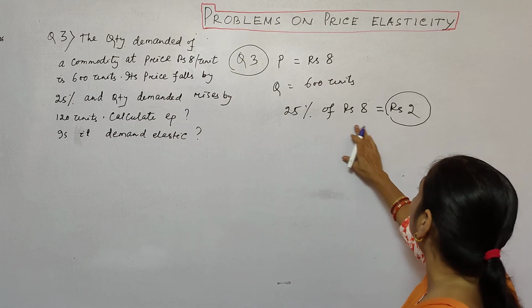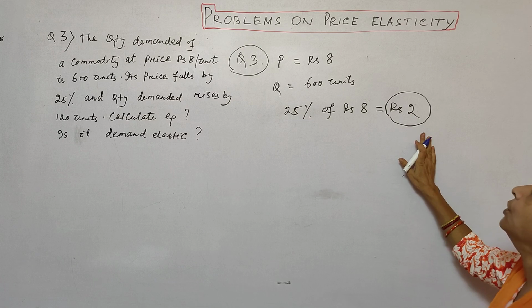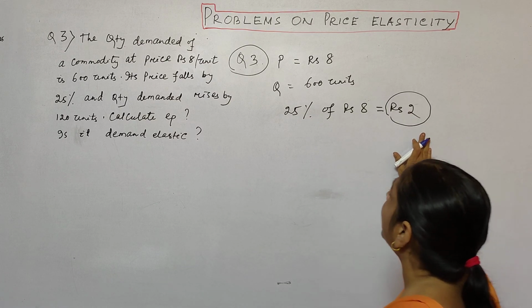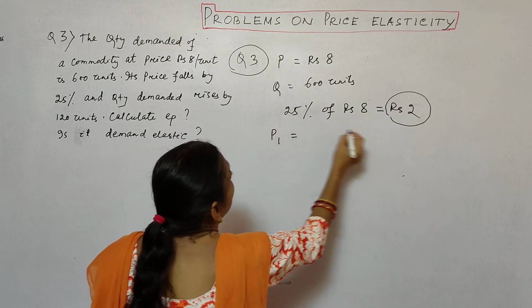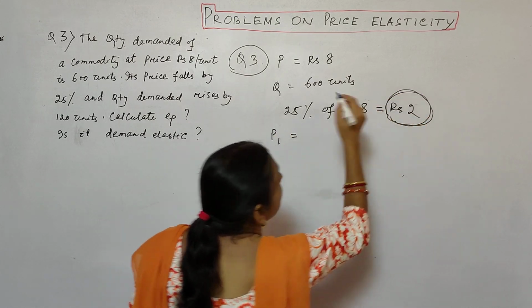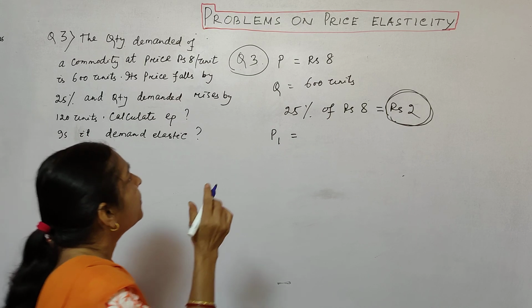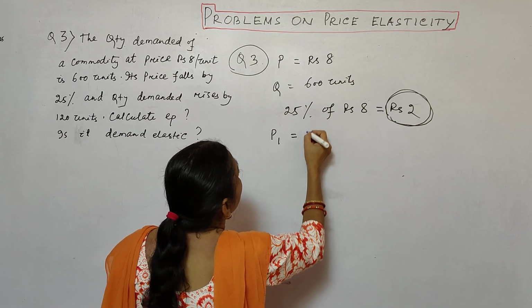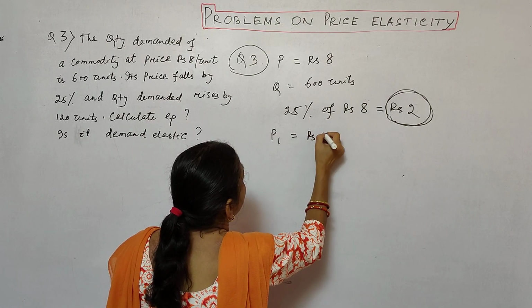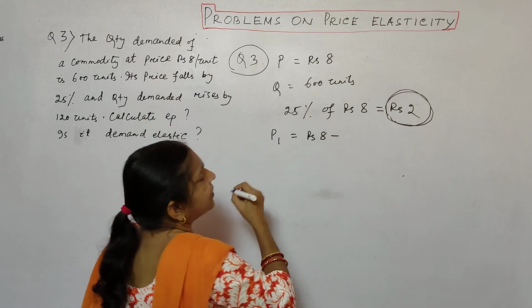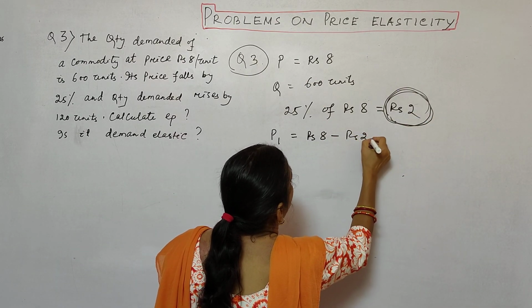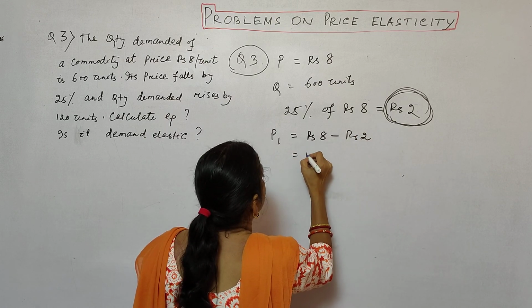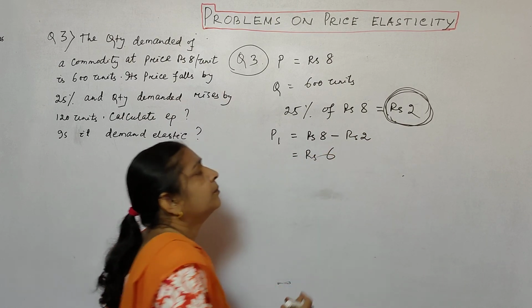It is 2. So now the final price is P1. The price has fallen by this amount. So P1 equal to initial price rupees 8 minus fall rupees 2. So our P1 is rupees 6.